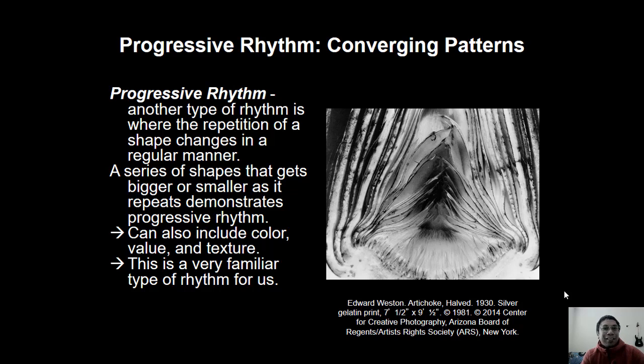You can actually see a lot of that in nature. If you think about the ocean, the water and the tidal waves, that feels like a type of progressive rhythm as well. You'll see the bubbles and how they begin to form, and then they dissipate, and they do the same thing over again.